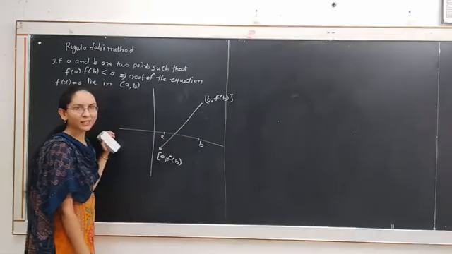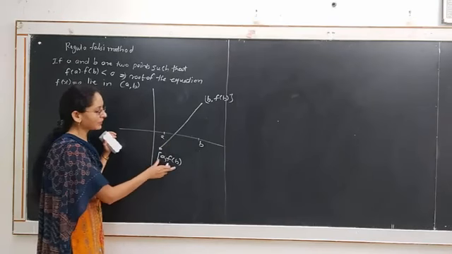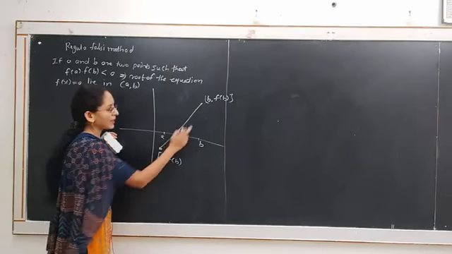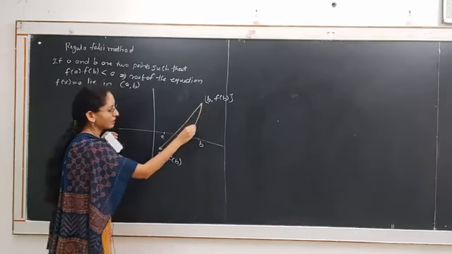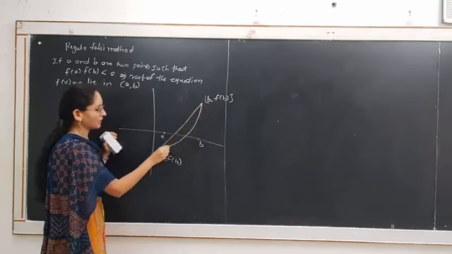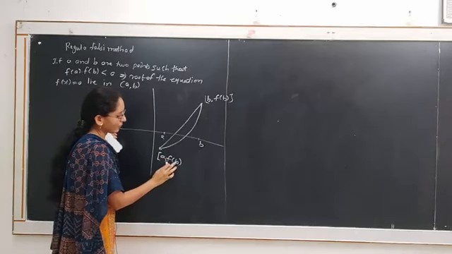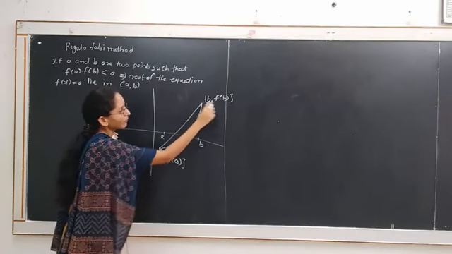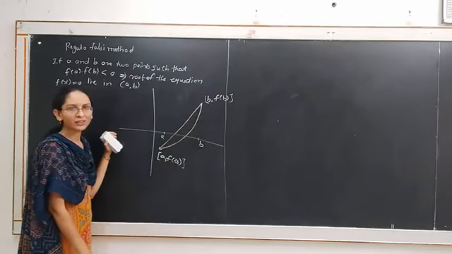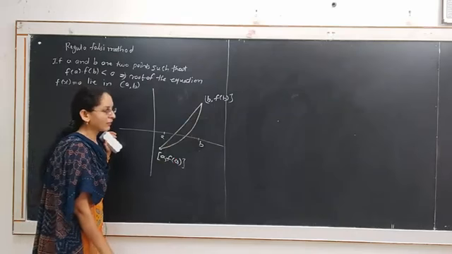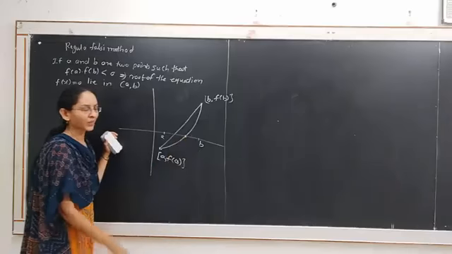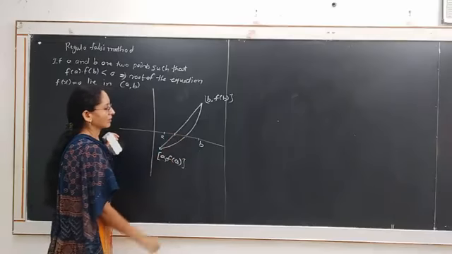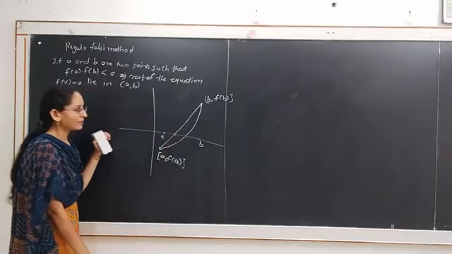In the regula falsi method, we replace the portion of the curve between a, f of a and b, f of b by a chord joining these two points. In the next step, we take the intersection of the chord with the x-axis.